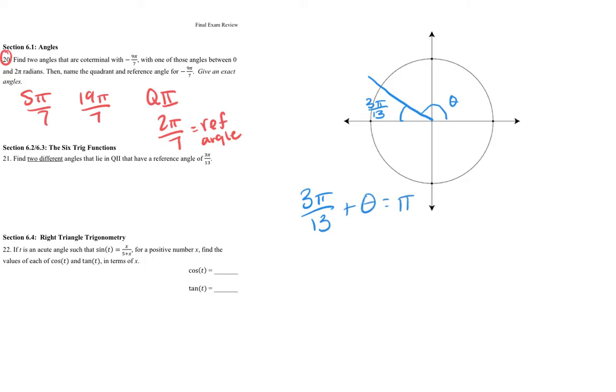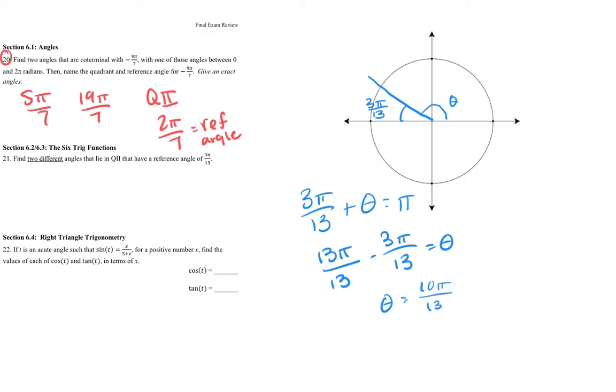So we need to figure out what theta is going to be. We can say that 13 pi over 13, which is just equal to pi, minus 3 pi over 13 is going to be equal to that angle theta. So then theta is going to be equal to 10 pi over 13.